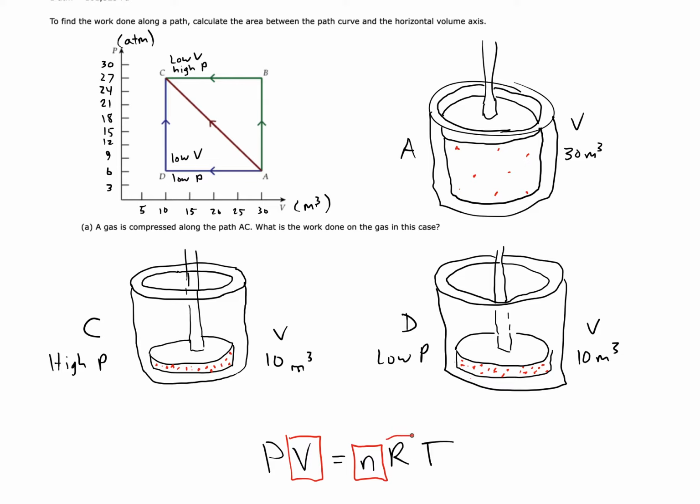And R is what we call just a gas constant, which is going to be the same for all ideal gases. And so what this means is that if one of them has a high pressure, it must have a higher temperature as well. So let's write that this is going to be a high temperature. And this one must be at low temperature then.